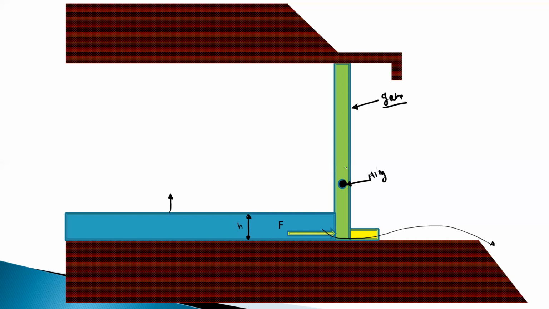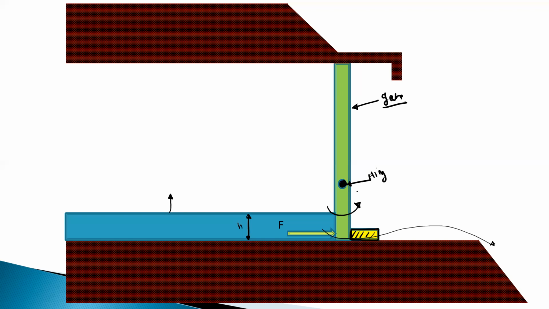A hinge allows rotation, but initially the net force is below the hinge, so your moment is like this, anti-clockwise. This force will try to rotate the gate in the anti-clockwise direction, but there is a stopper. So this is the stopper. The stopper will restrict this anti-clockwise movement, so the gate will remain closed.